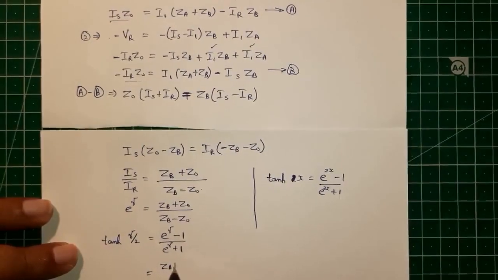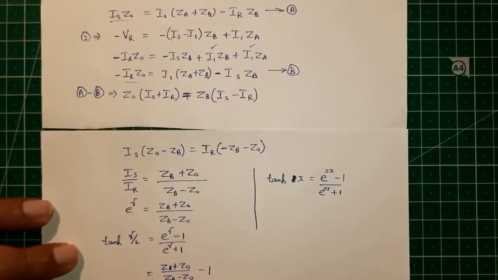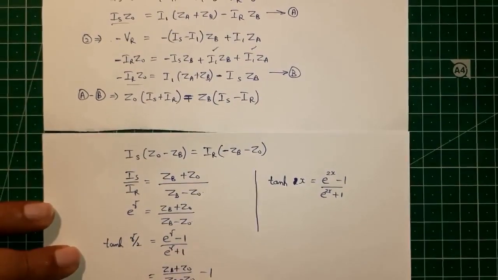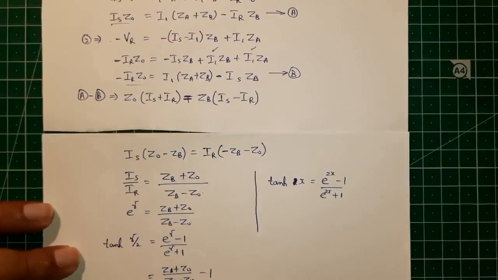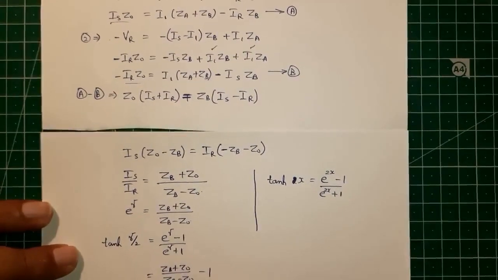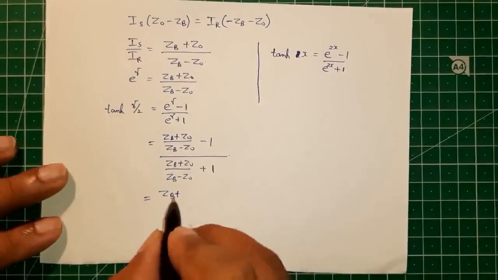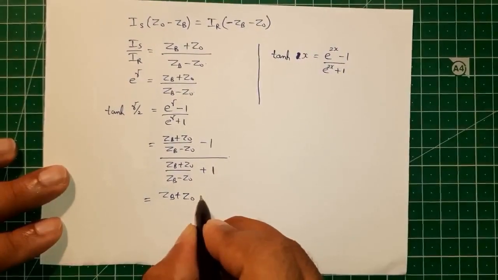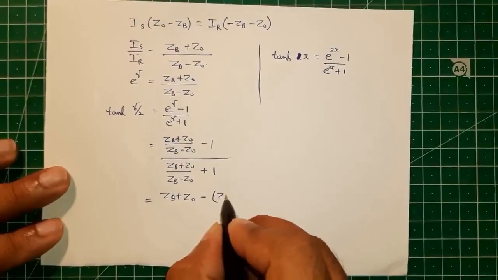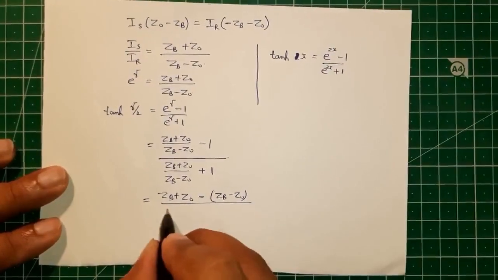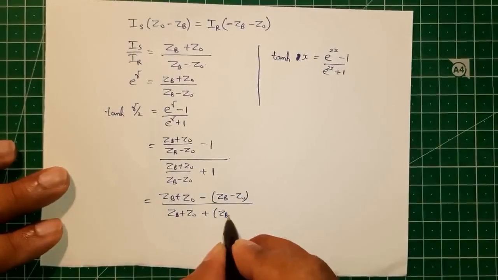This will be ((ZB plus Z0) divided by (ZB minus Z0) minus 1) divided by ((ZB plus Z0) divided by (ZB minus Z0) plus 1), as e power gamma is again (ZB plus Z0) divided by (ZB minus Z0).